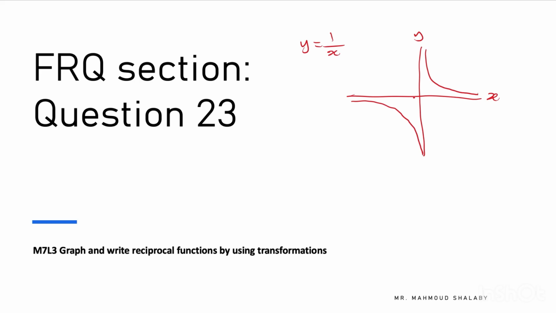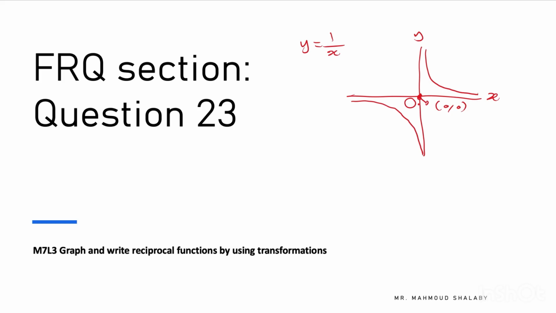The most important thing here is: what is the center of this graph? The center of this graph is always the origin O, which is 0 and 0. Just keep this in mind for the next question, because this center will change and will be the key to the solution for the transformed graphs in the coming questions.